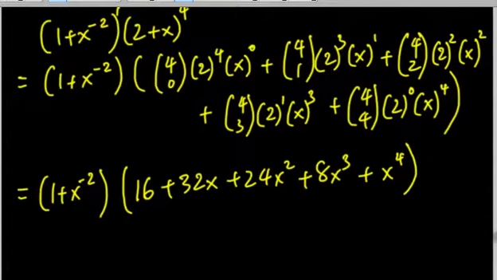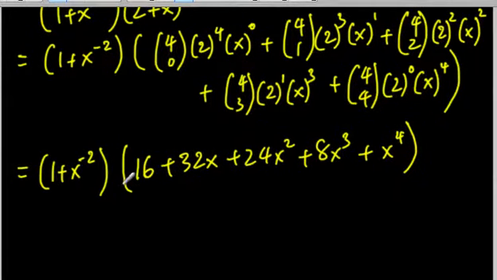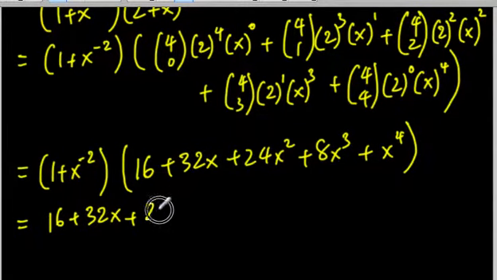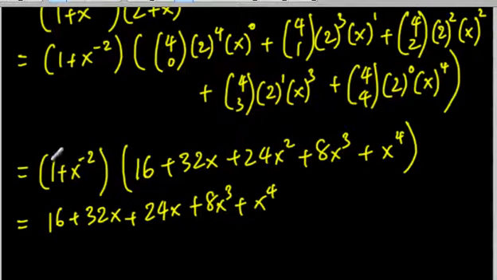Okay, so we still have to expand this because we have this term times that term. If you look into this, 1 times each of these will just be 16 plus 32x plus 24x squared plus 8x cubed plus x to the power of 4. So in other words, I just took this 1 and multiplied by each of these terms.